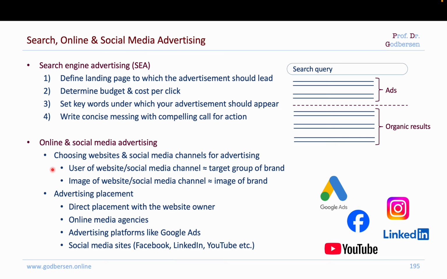You should look if the user of a website or a social media channel is in the target group of your brand. If so, happy days. Secondly, you should check if the image of the website or social media channel is similar to the image of your brand. If so, happy days, you can use this way or this channel. If not, not a good idea.